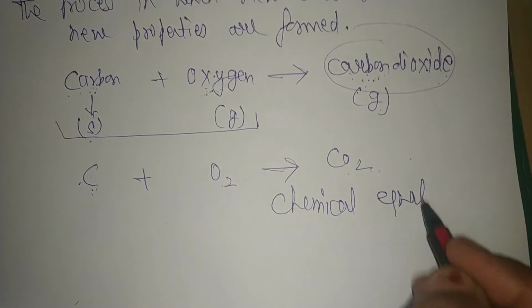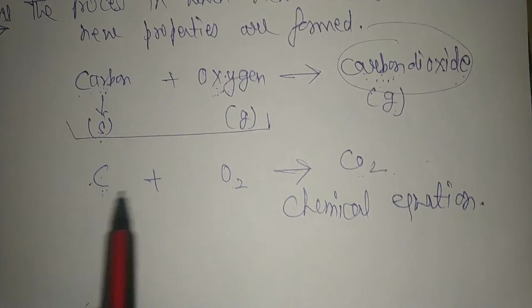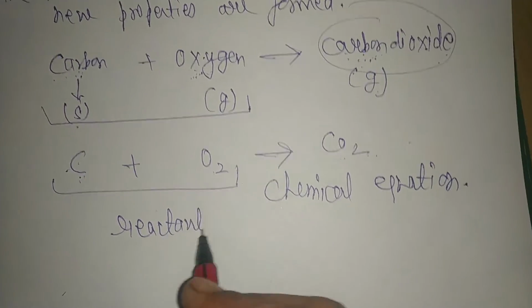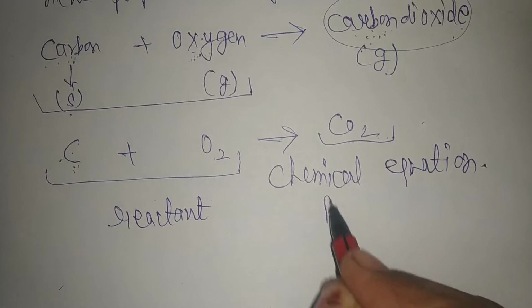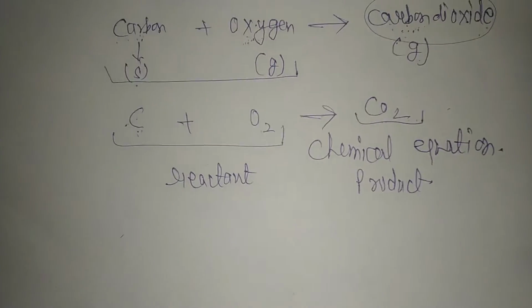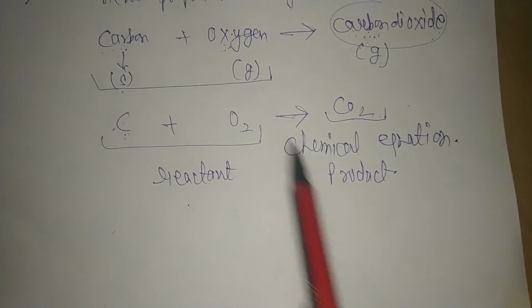On the left hand side of this equation, this is called the reactant, and on the right hand side this is called the product.